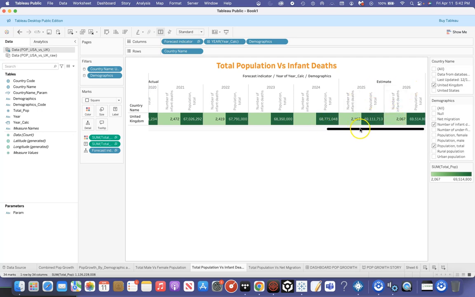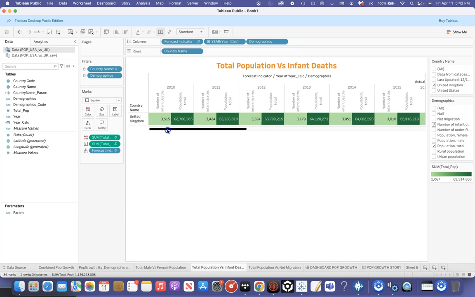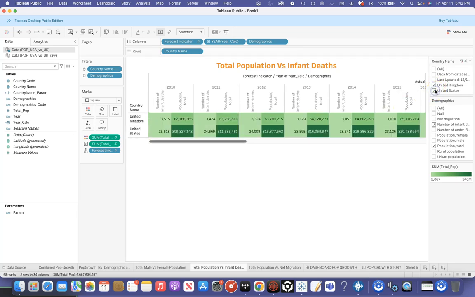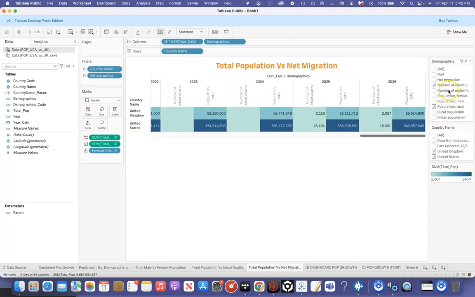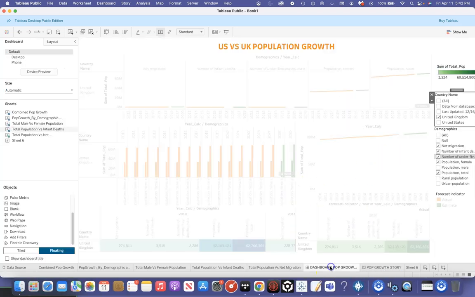The health department should be able to use a number like this and say, okay, for the US, this is what the numbers were, for the UK they were like this, and then make adjustments on how to improve the healthcare system. And also the net migration, which is also very vital, where a government entity could be trying to understand the migration rate across these two countries and how to adjust the borders.